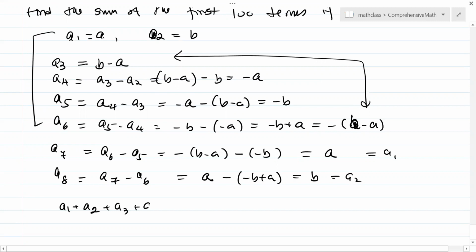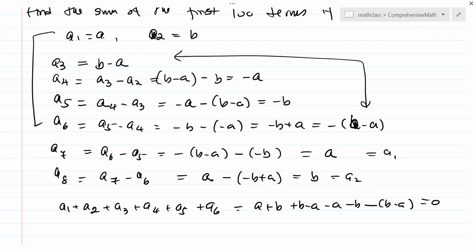A1 through A6 is A plus B plus (B minus A) plus negative A plus negative B plus (A minus B). This must be 0. You add all those together, it must be 0. That's periodic. Every group of 6 numbers in the sequence sums to 0.